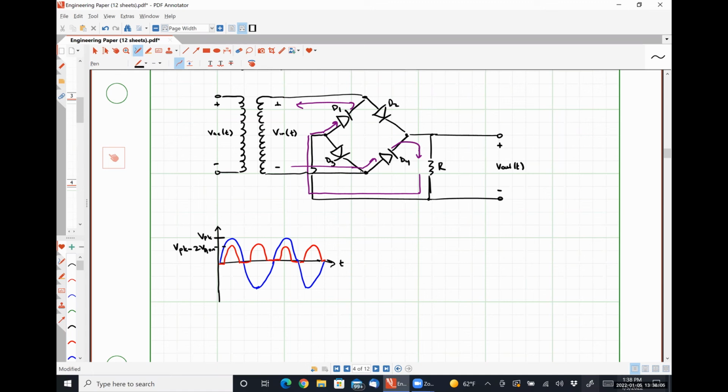So it doesn't go back through. So let's look at it. It doesn't go through D3 here because D3 should be negative, a reverse bias. It goes through D4.